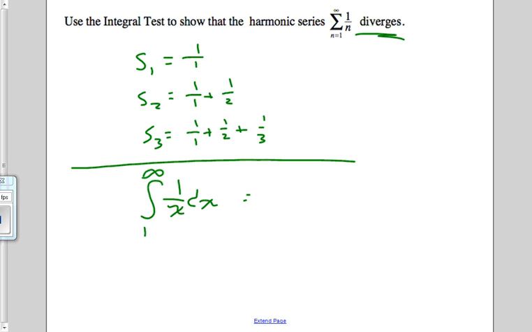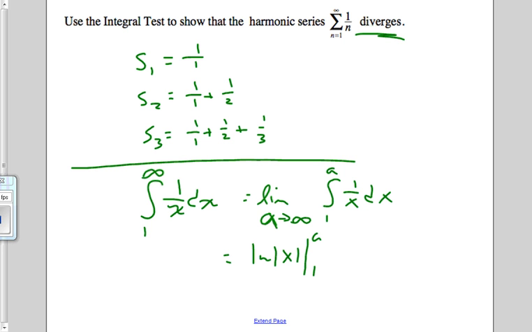So we need to use what we know about improper integrals, and we could say, well, this is the limit as, let's not use x, as a approaches infinity of the integral from 1 to a of 1 over x dx, and then take that integral, and we know that this equals the ln of x evaluated from 1 to a, and we need to include our limit, that this is the limit as a approaches infinity.